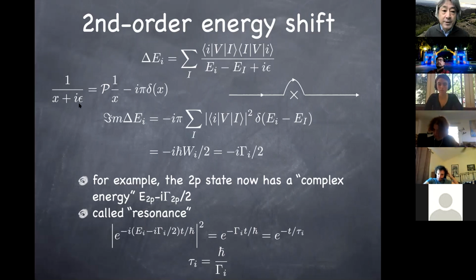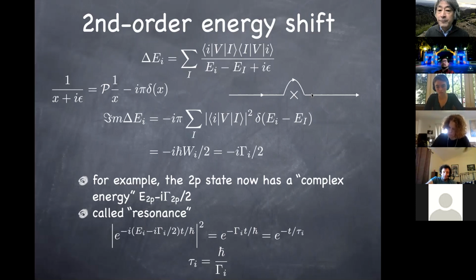So the idea of this I epsilon is to move the location of the pole to negative I epsilon. This cross is moved slightly downwards to negative I epsilon. So your contour is now defined to go above the pole, not through the pole.